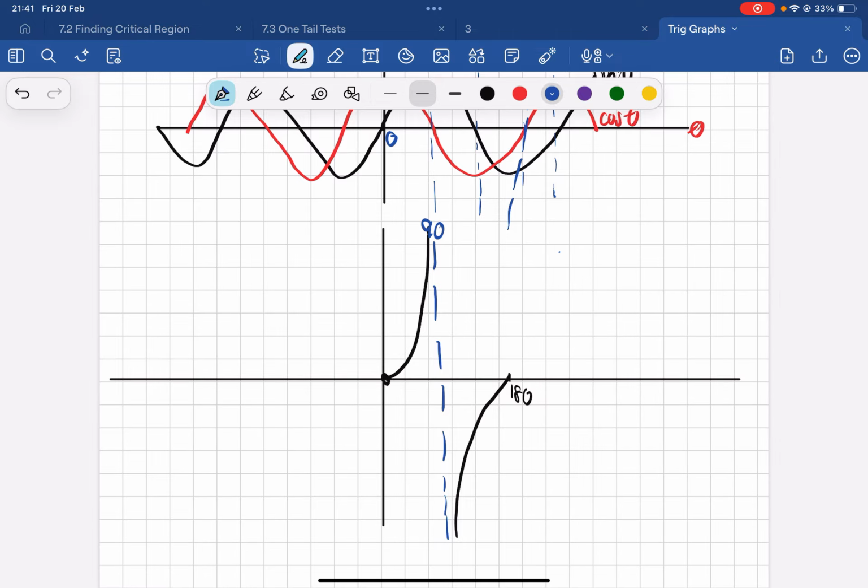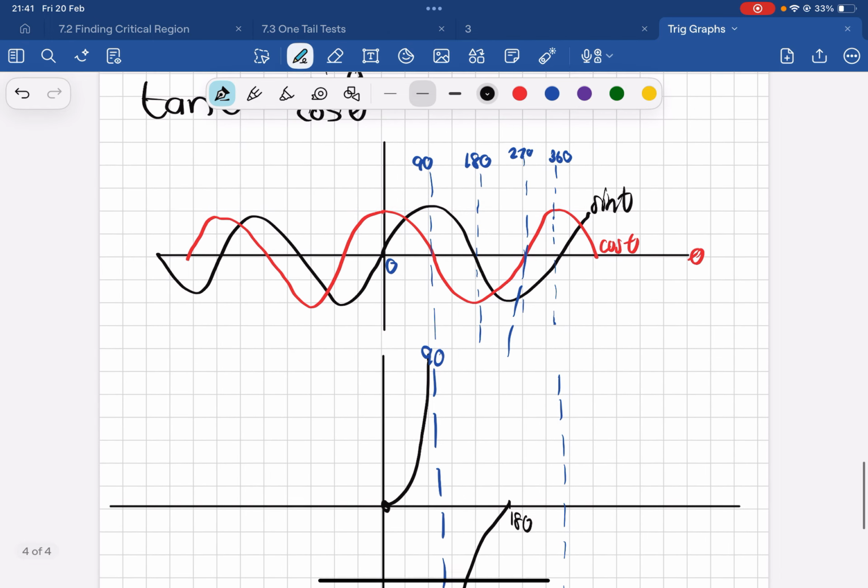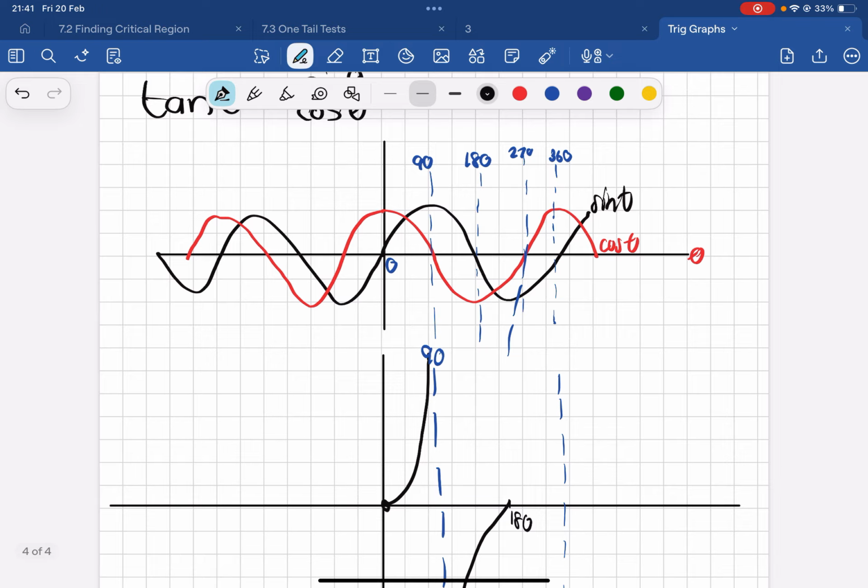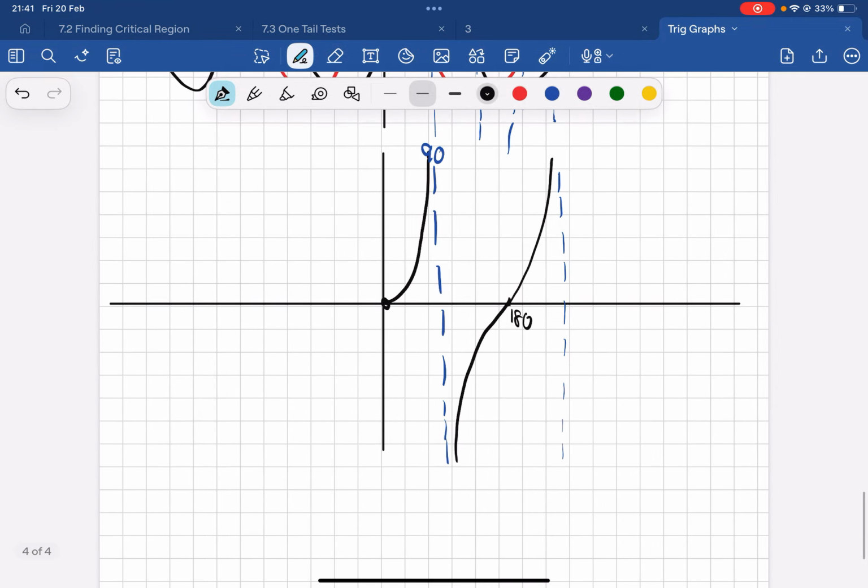Let's just draw that on. And we know that as tan approaches this asymptote, we have negative 1 essentially over a number that's very close to 0 approaching from the negative side. So negative 1 over negative 0, negatives cancel, we have infinity. Let's go towards infinity. We sort of see a pattern here.